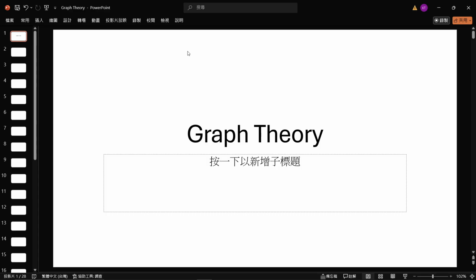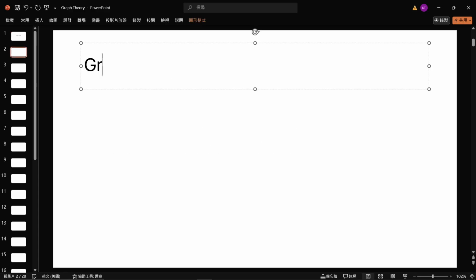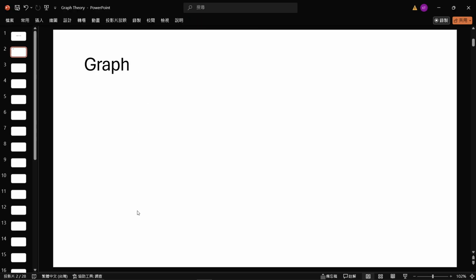All right, so since this is graph theory, we have to start with graph, okay? So what is a graph? Well, basically, a graph is like you have a bunch of circles, right?